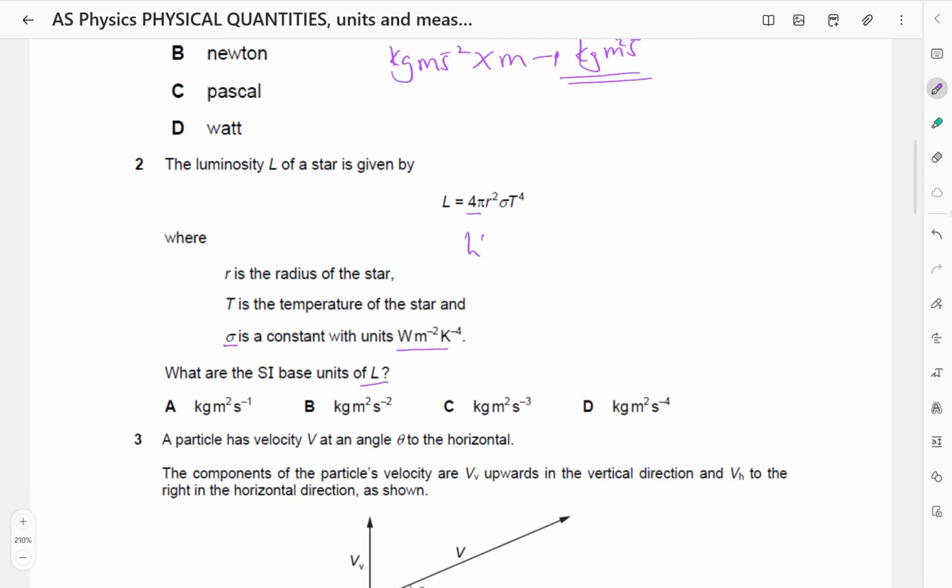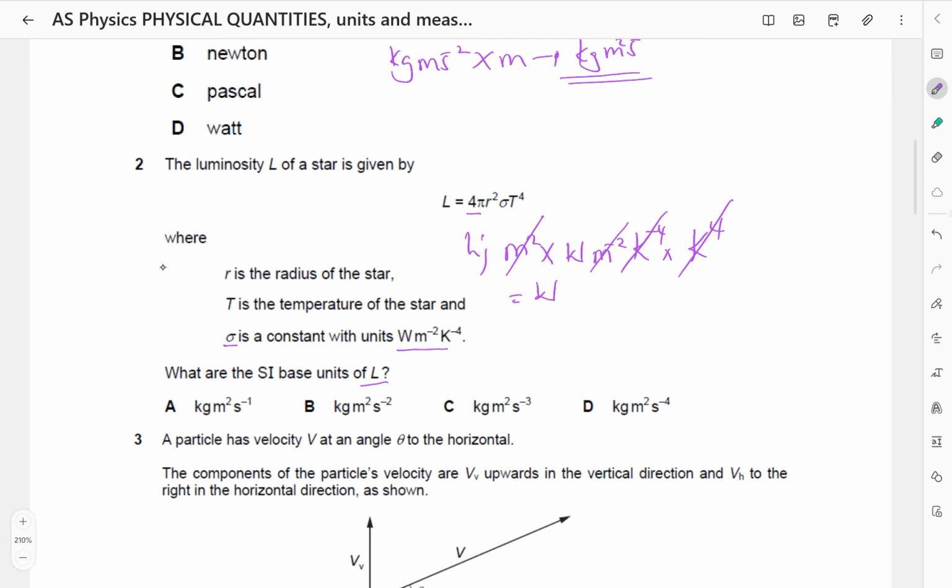So the units of L will be those of radius, which is meters squared, times sigma, which is watts per meter squared per Kelvin to the power 4, then times temperature to the power 4, so Kelvin to the power 4 cancels. Meters squared also cancels with per meter squared. So I remain with the watt.